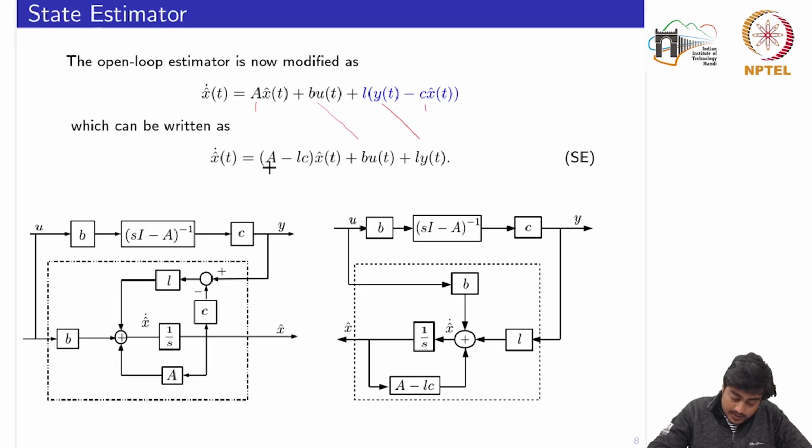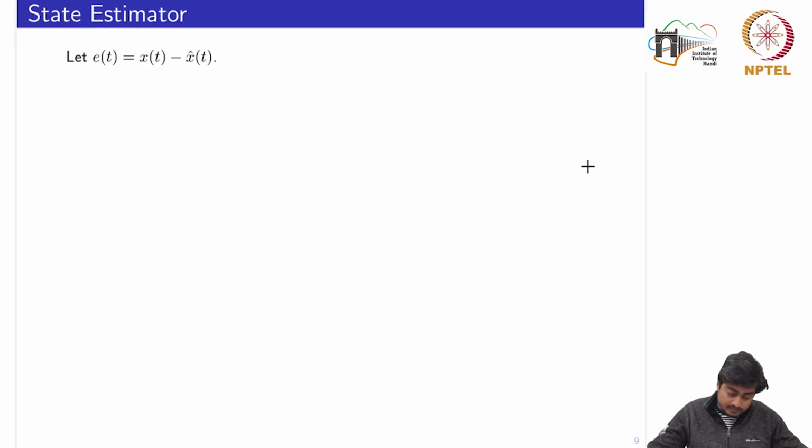I have done this so that I could get the modified state matrix, and this state matrix would now be A minus LC, right? Because this u and y would now appear as an input to this system, and this is the block diagram representation of this equation, which we call the state estimator. We'll see what are the benefits of using this feedback mechanism in the observer itself.